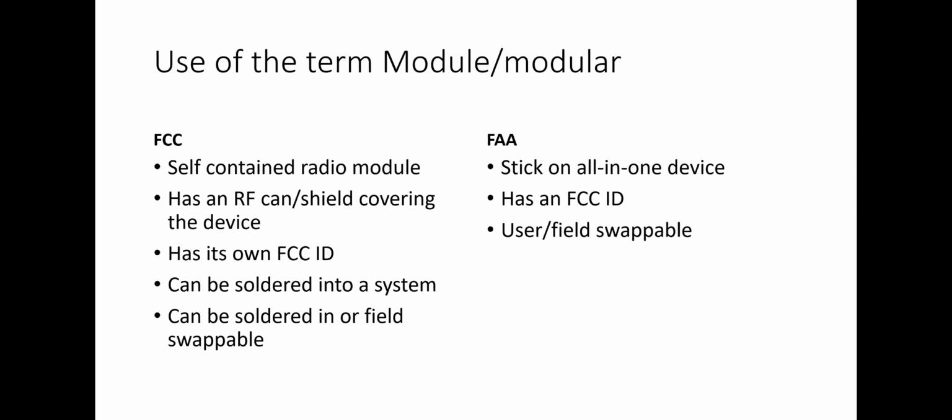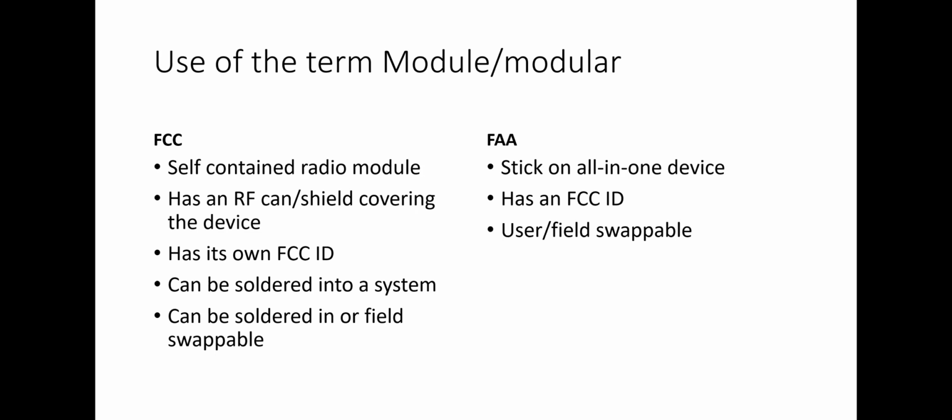So one thing that is kind of frustrating for me, having worked on the FCC certification of control links and other systems, transmitters, that kind of thing, is the discontinuity in the use of the term modular. So the FAA's version of modular for the purpose of Part 89 is this stick-on, all-in-one remote ID device, which has an FCC ID, it's user and field swappable, and so on.